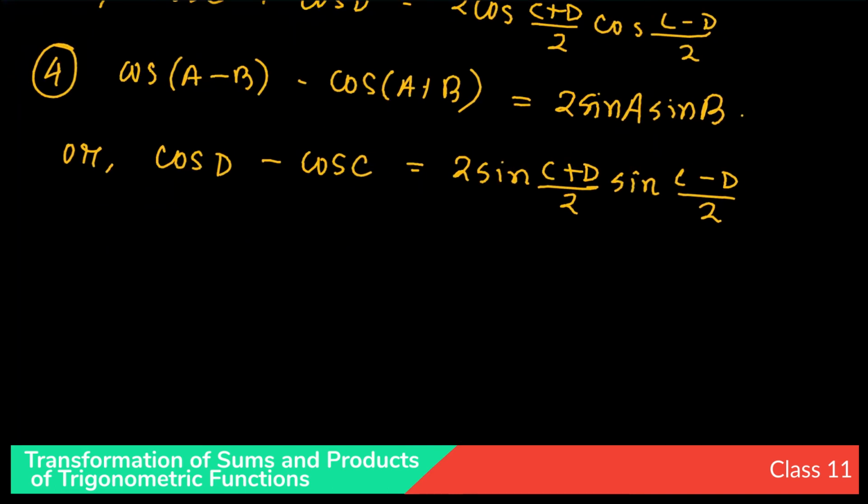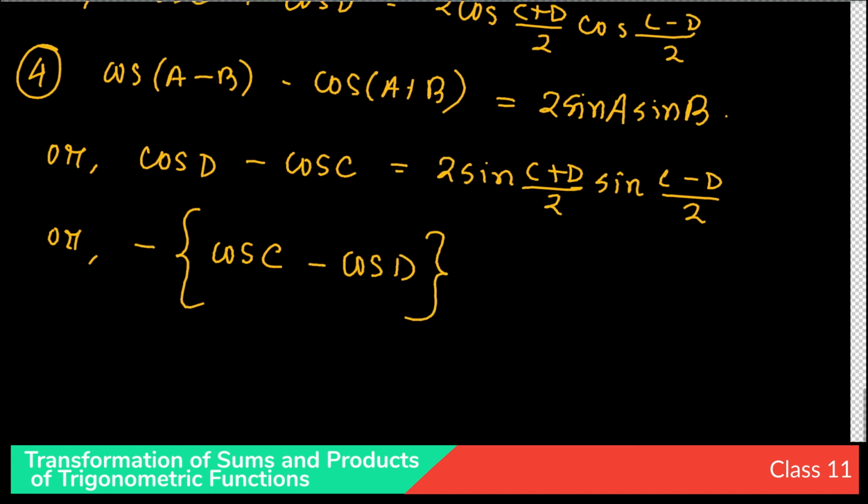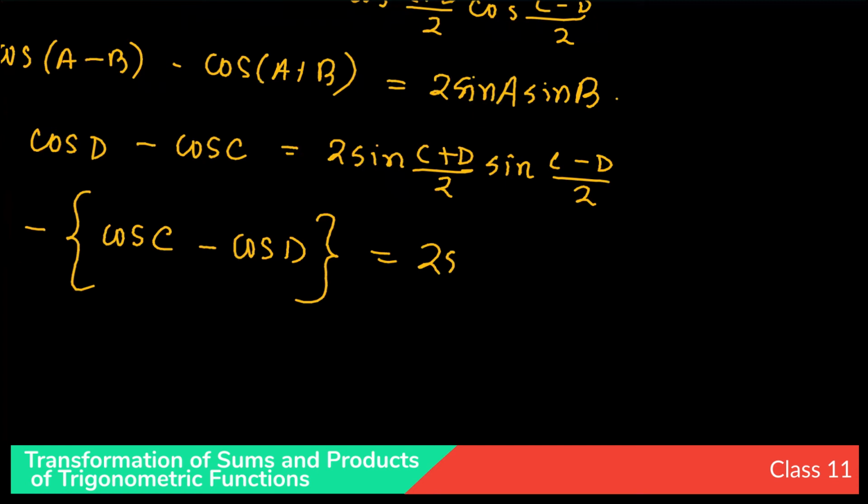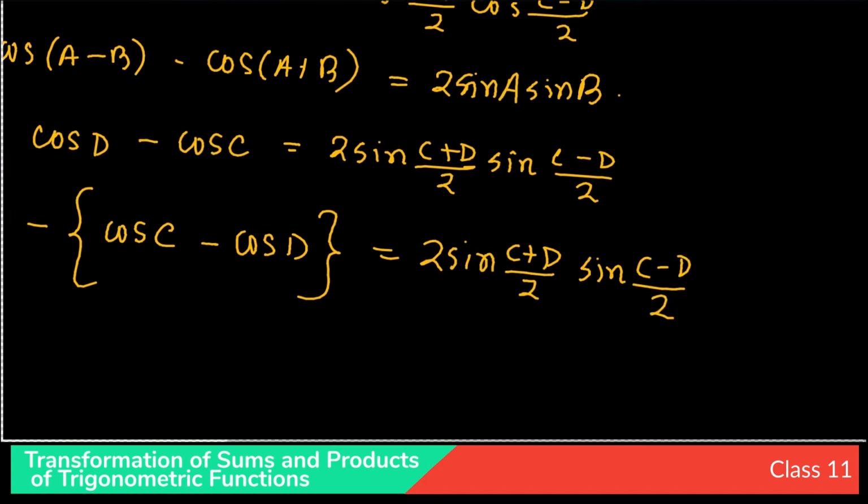Now if you see this carefully, if I take minus common here, this will remain cos c, and it is plus, so we can write this as minus cos d. Now 2 sine will remain the same, 2 sine c plus d by 2 and sine c minus d by 2.